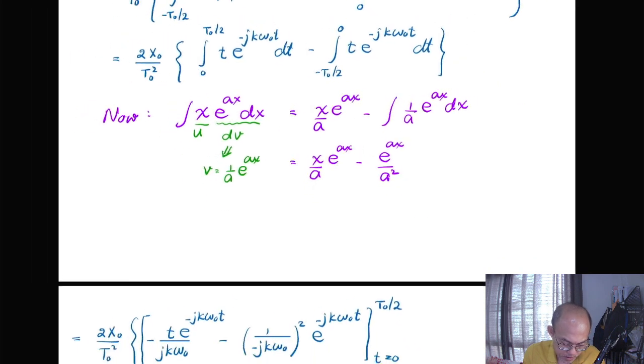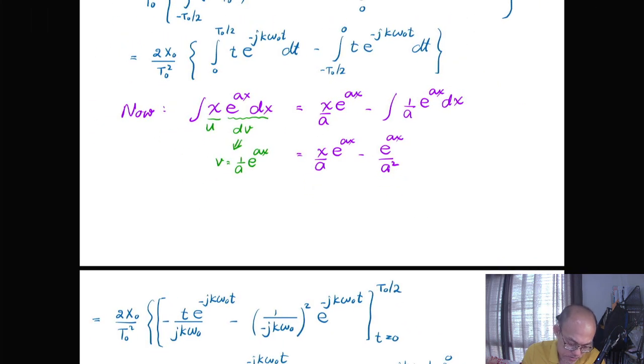And then I have to integrate this one using this formula, the by parts integration. So a here, okay, a is minus jk omega 0. So I start with this one here.